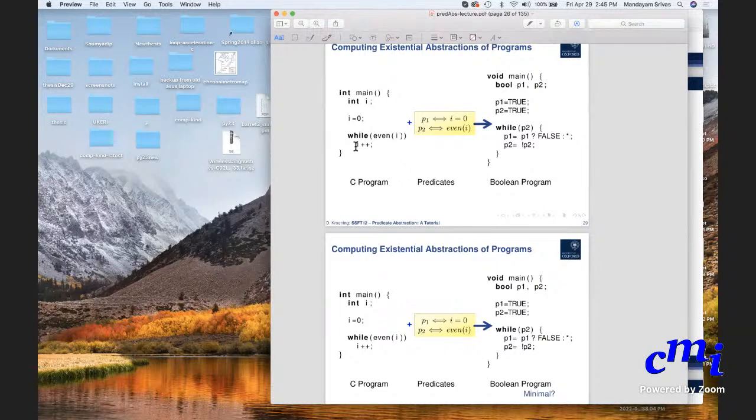If P1 is false here, i is not equal to 0, so it can be negative also, no? No, you have already initialized.